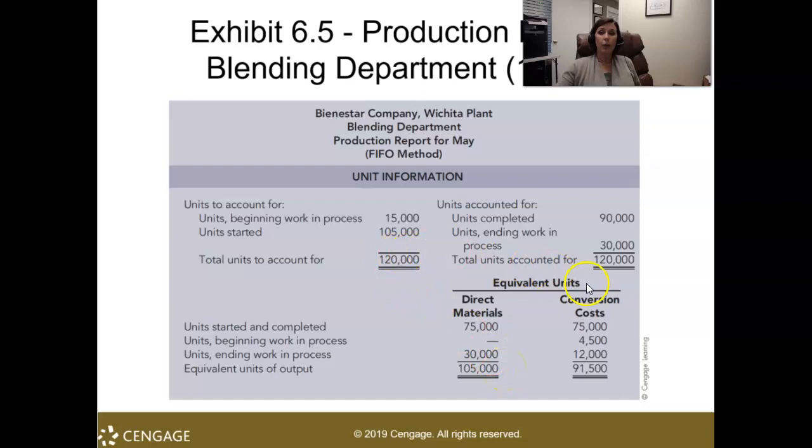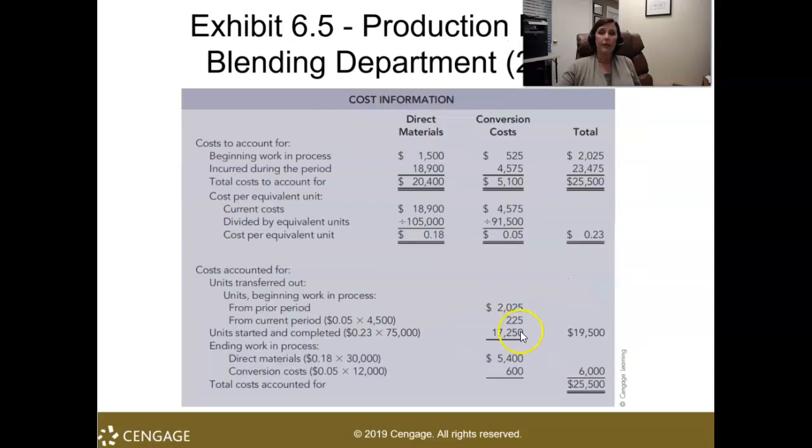We know the total of what we have to account for, and then the split between direct materials and conversion costs, and then we start applying cost calculations to those. And this brings us, once we add our prior period costs to it, down to total cost to account for 25,500. And I'm going to stop here and go on to the next slide for weighted average.